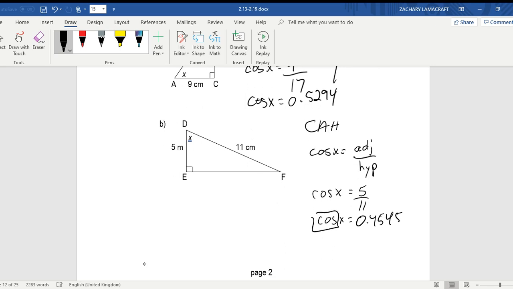And then once again, we got to bring over that cos to the other side. It becomes cos -1. And our answer would be what? Exactly, 63 degrees, okay?